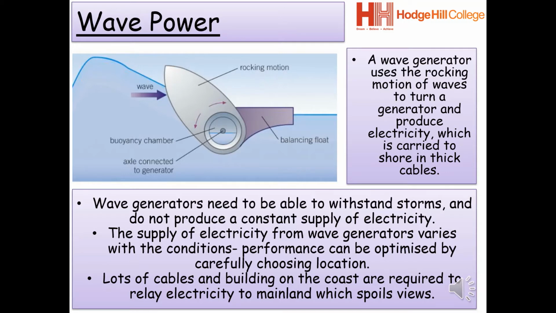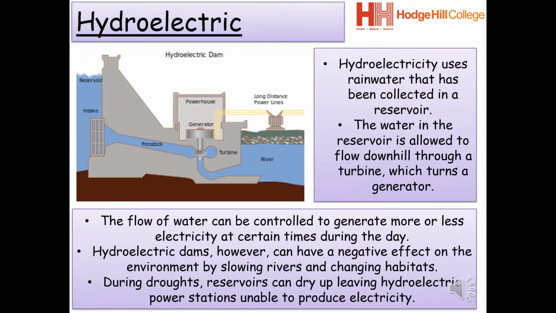They're also fairly unreliable because the waves die out when the wind drops. The good thing about wave power is that there's no pollution. Another disadvantage is that it can disturb the seabed and therefore the habitat of marine animals.